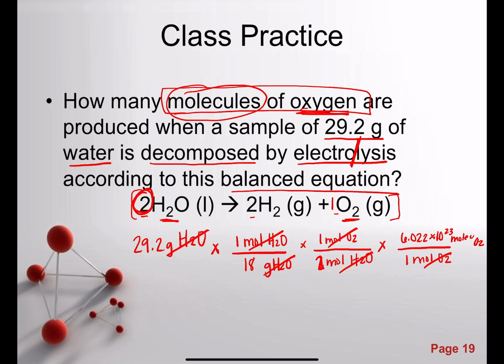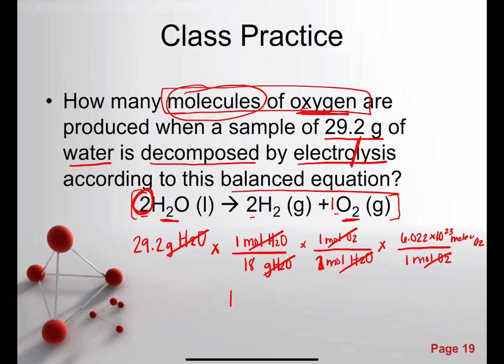So then we're just going to multiply through and divide. So 29.2 times 1, which is nothing, times 6.022. Now I'm going to leave off times 10 to the 23rd for right now. We'll come back to that in a minute. So I got 175.84. I'm just going to leave that in my calculator. Divided by 18, and then divided by 2.